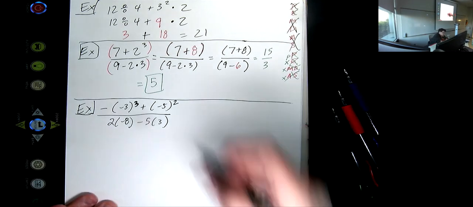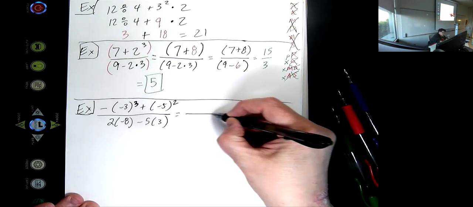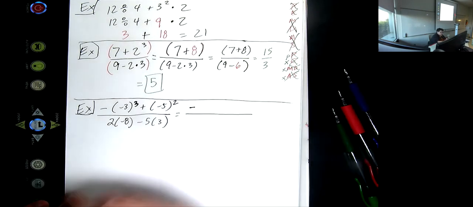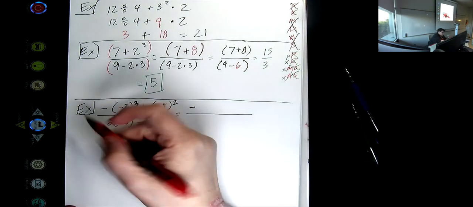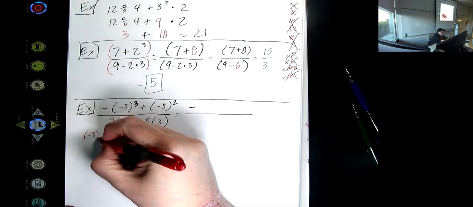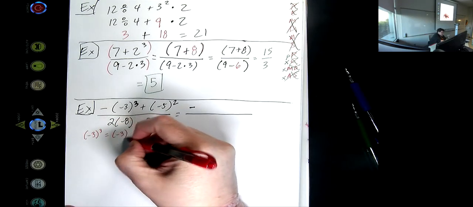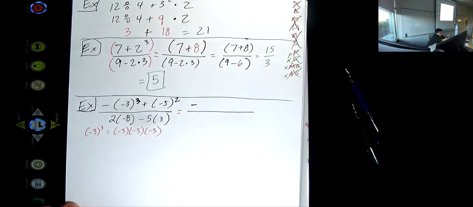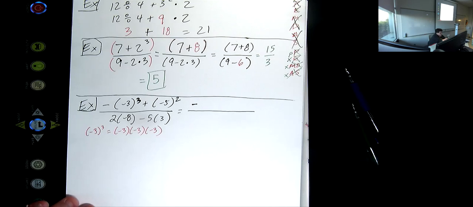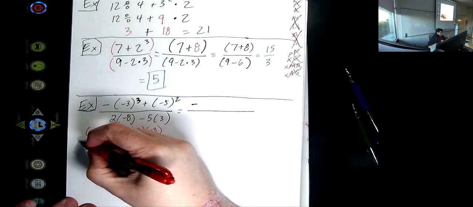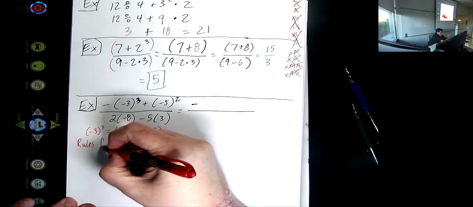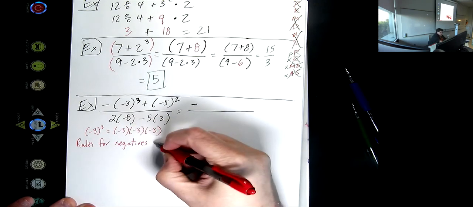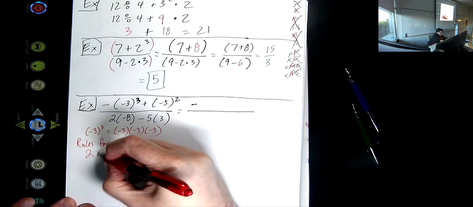All right, so when we're going through it, we need to do the top and bottom separately. Addressing the exponents. The -3 cubed as it is means -3 times -3 times -3. So the rules for negatives. Two negatives make a positive.